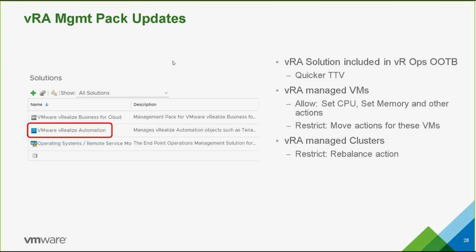In vROps, you're going to create your workload balance policies, and you're going to configure the VRA management pack. You no longer have to install the pack and set it up from Solutions Exchange. It's all built in, and they are designed to consume the APIs that are available in these two latest versions, so VRA 7.3, vROps 6.6.